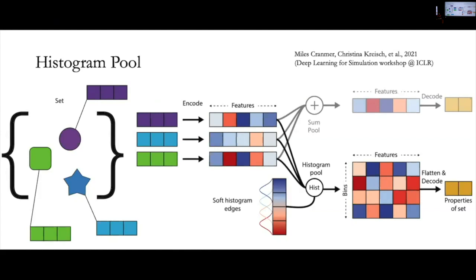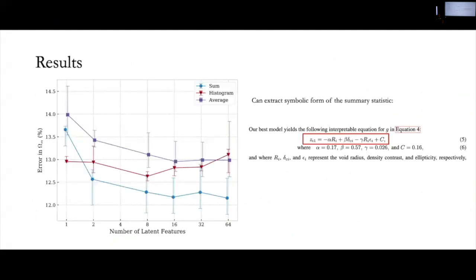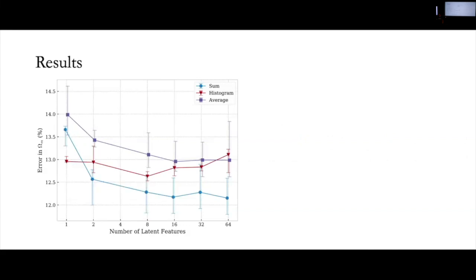So in the graph, when you count the number of features, you had this graph where you're counting the number of latent dimensions and plotting the accuracy with respect to that. Shouldn't you be comparing that one histogram latent feature is actually like 100 because you have that many bins?